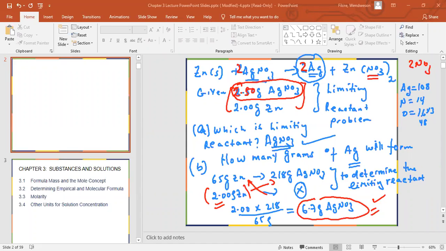So now the amount of silver is determined on silver nitrate, because we know that silver nitrate is our limiting reactant. So that's question number 13, 14. Question number 13, A, B, C, D will be answered that way.